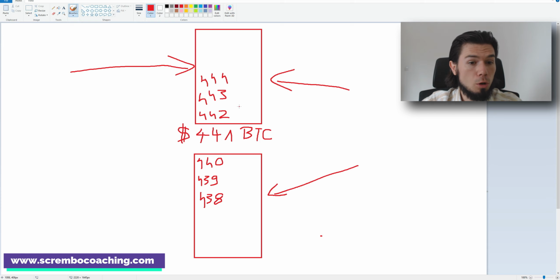If you want to buy BTC above the price of 441, which is the market price, and you're ready to pay $442, you are going to take from someone that is a maker. So you are a taker because you are taking from the order book of someone that is a maker of the order book.